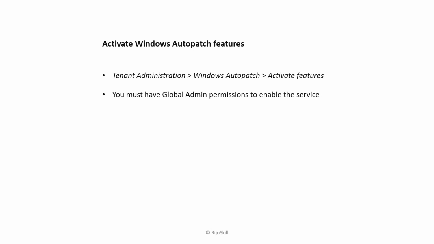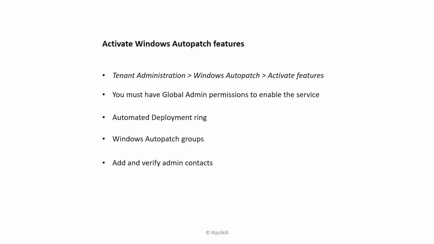You must be a global admin to have permission to enable these services. After you activate Windows Autopatch, it will create the automatic deployment rings and Windows Autopatch groups. You need to create the Windows Autopatch groups manually, and also add and verify the admin contact for Windows Autopatch. All of this will be discussed in the demo time.